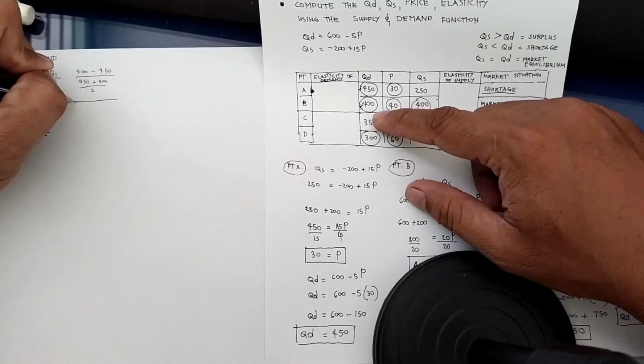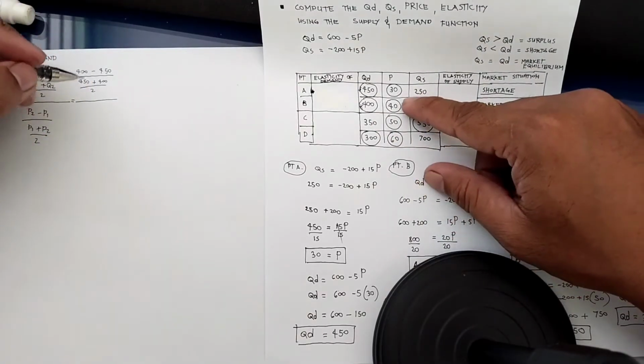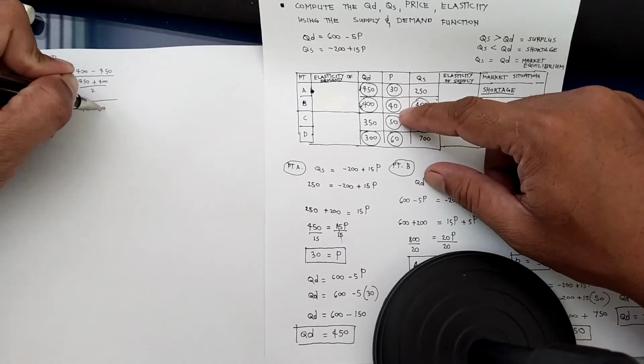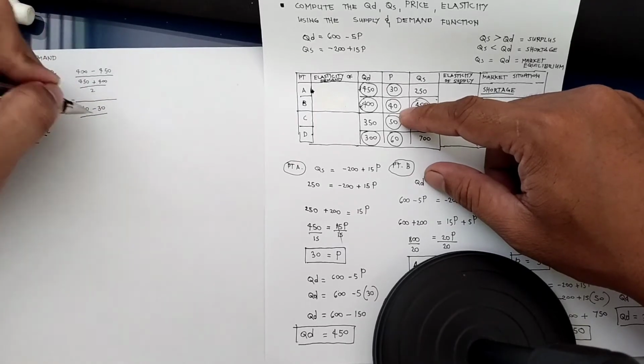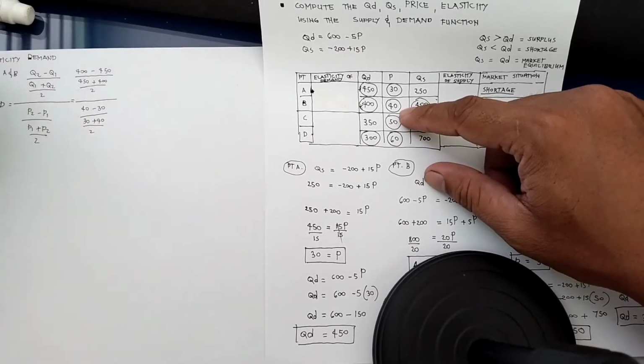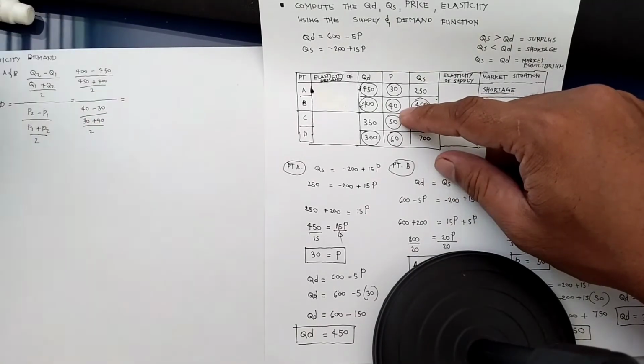So that would be divided by, this one, 40 minus 30 over 30 plus 40 over 2. Okay, so there.